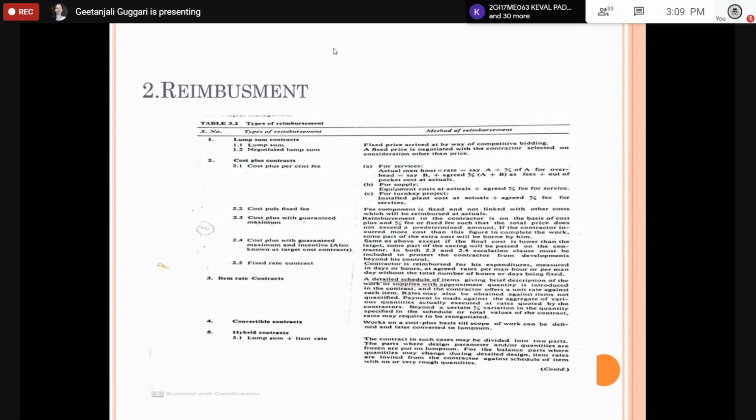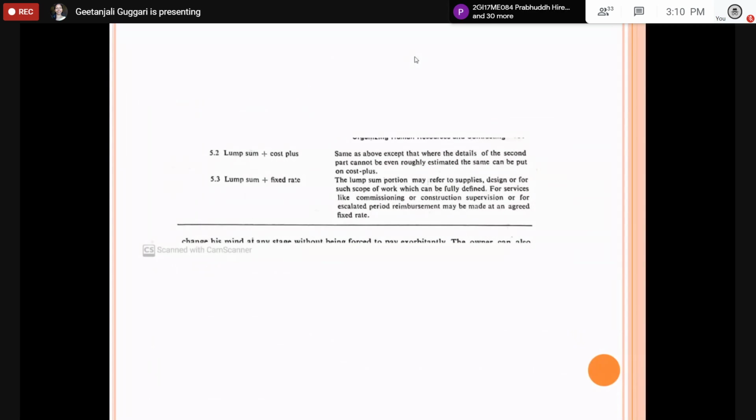So these are the different types of reimbursement you can do for the contractors. Lump sum plus cost plus contractors are there. Lump sum plus fixed contractors are also there.